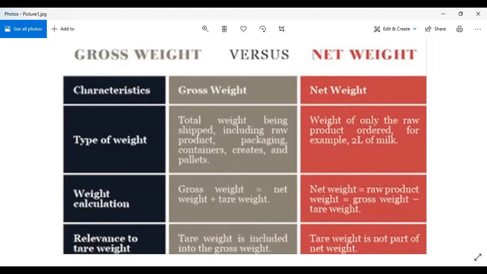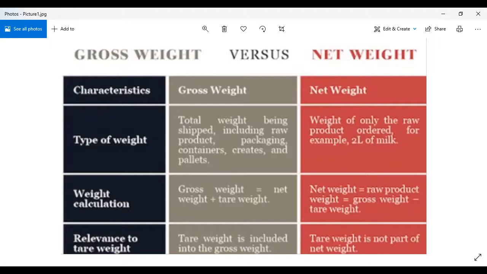Now net weight means the weight of only the raw product ordered, for example 2 liters of milk. The net weight of those ordered shoes would be the weight of only a pair of shoes, excluding the box, the packing, the packet, everything, right? So the gross weight is the total weight which includes everything, but the net weight is only the weight of that raw material or the product which is ordered.